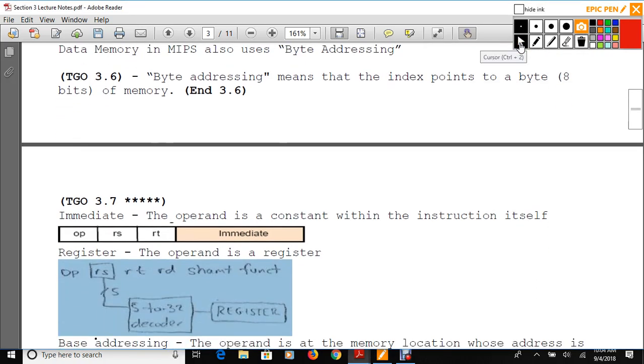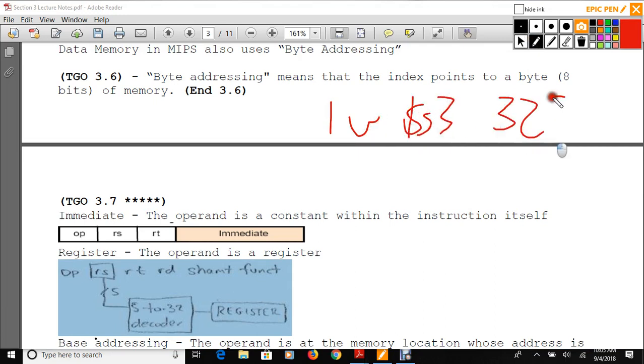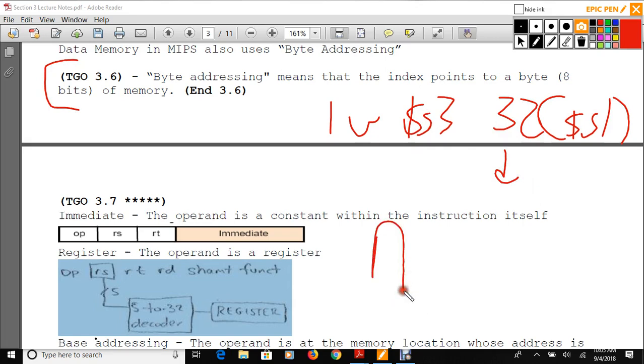So A11, which 4 bytes are they? Yes, 44, 45, 46, and 47. So if I have load word S3, 32 of S1, what that means with this concept of byte addressing is 32 divided by 4, which means I have A of 8.